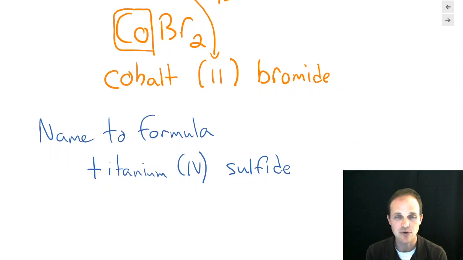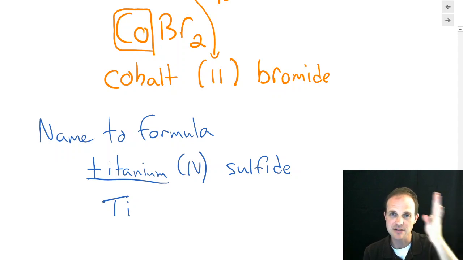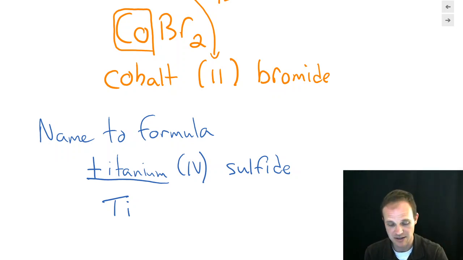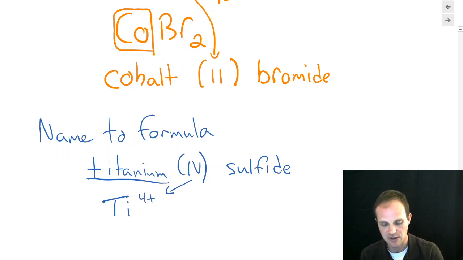Okay, titanium 4 sulfide. What am I going to do going from a name to a formula? Well, just like I did last time, I'm going to take that titanium and turn it into a chemical symbol. And what charge do I give it? With the alkali metals and the alkaline earth metals, we had to know which it is. Here, somebody gave me that information. And so I've just got a 4 plus there. Remember, IV in Roman numerals is 4.